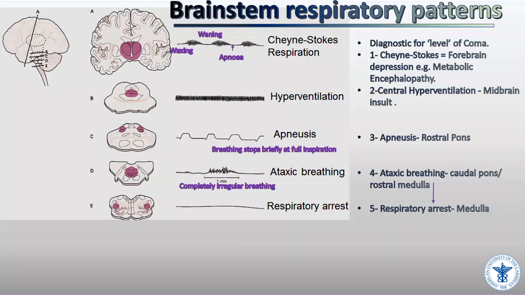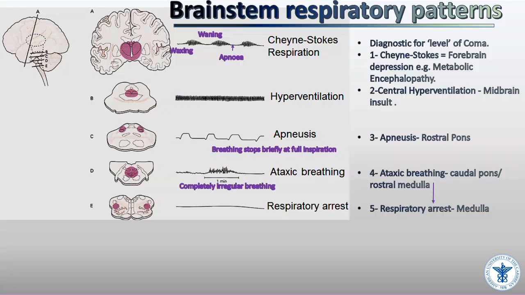You don't need to know the details of this, but I thought because we've done the brain stem, it would be interesting to see how the respiration changes with different levels of involvement of the brain stem. At the midbrain level, you get something called central hyperventilation, and this is very difficult to control because the patient gets very rapidly tired.